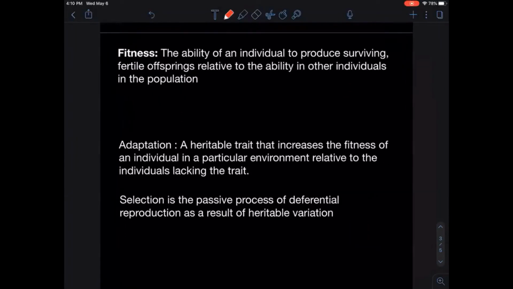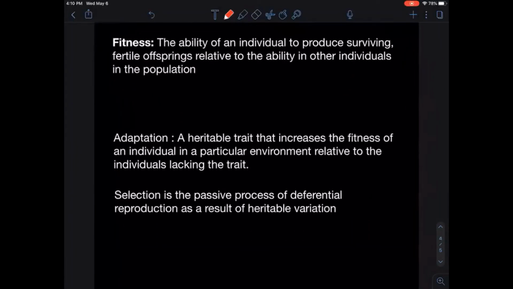There are three important terms when we look at natural selection. The first is fitness. This is the ability of an individual to produce surviving fertile offsprings relative to the ability of other individuals in the population.